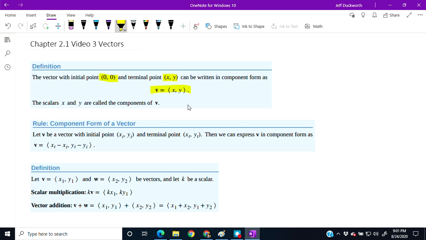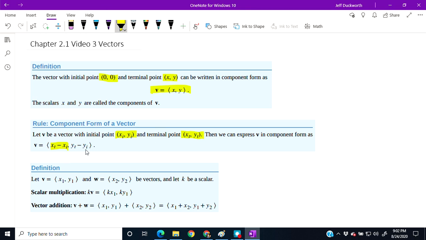You can use this notation as well, provided that you show the differences that you have there. So if you have an initial point, some xi, yi, and a terminal point, xt and yt, you can express the vector v as components, and the component for the x value will be the change in x, which will be xt minus xi, and that's going to look very similar to x2 minus x1 from something like a slope form.